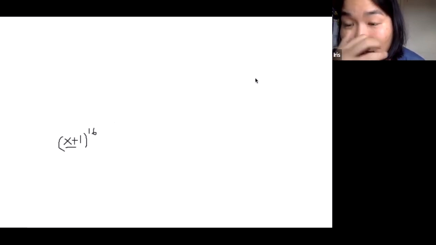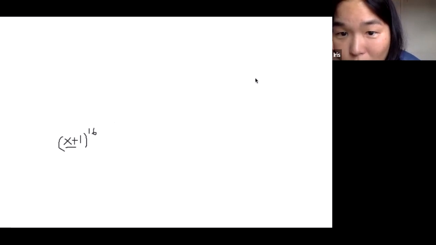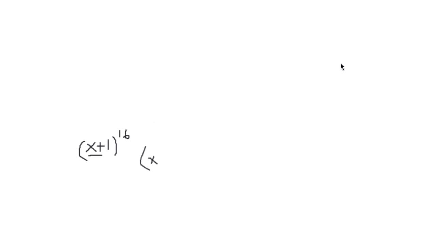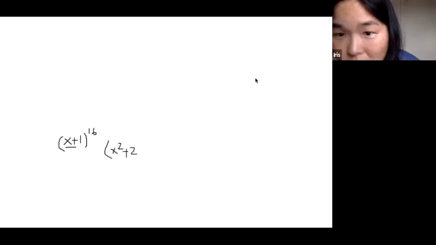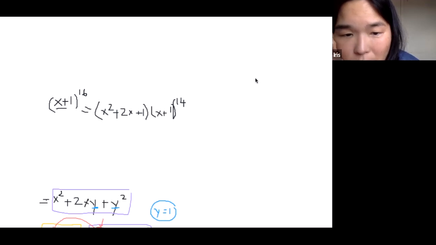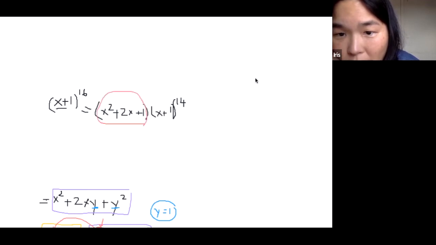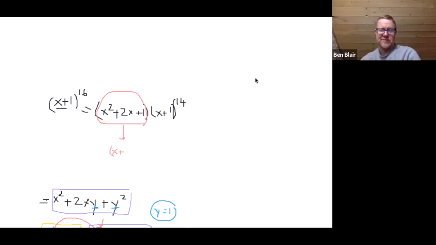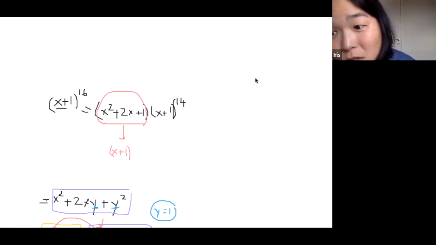However, if I had x squared plus 2x plus 1 times x squared plus 1 to the 14, these two are the same, but the second one is not completely factored yet, because this factor can still be broken down further to x plus 1 squared, a product of other polynomials.